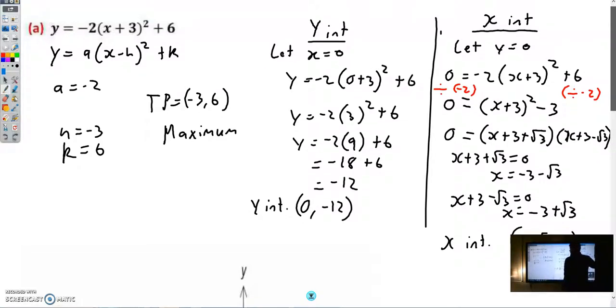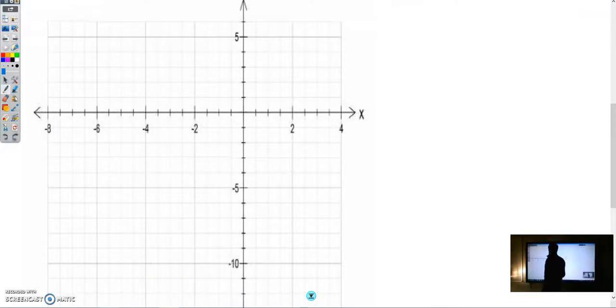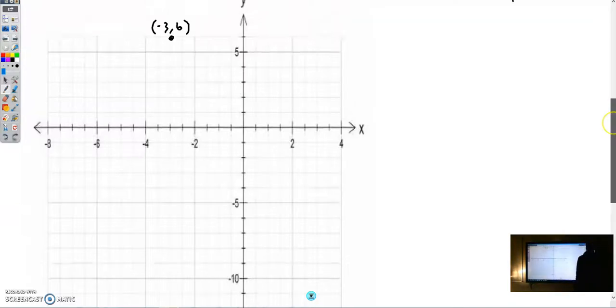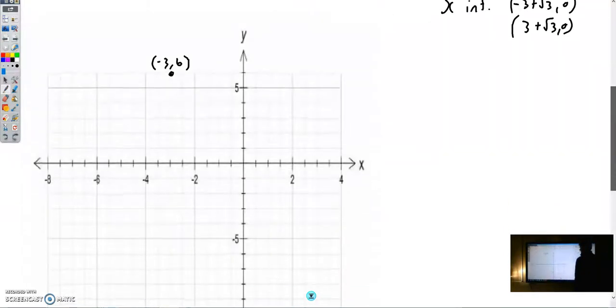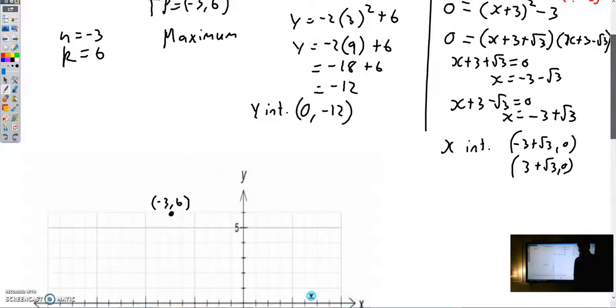So my turning point is minus 3, 6. I go to minus 3, I go to 6, that's it there, minus 3, 6. My y-intercept is negative 12.